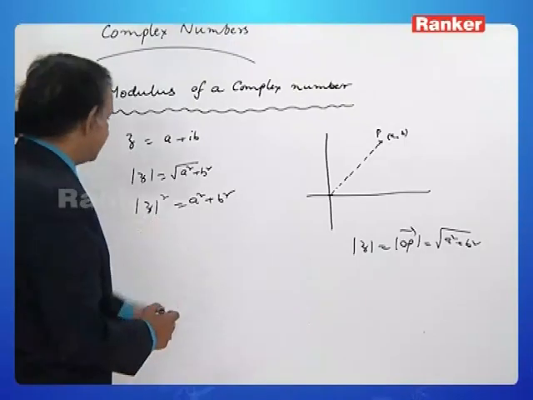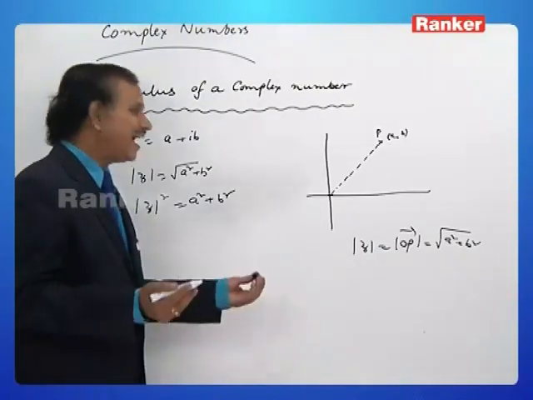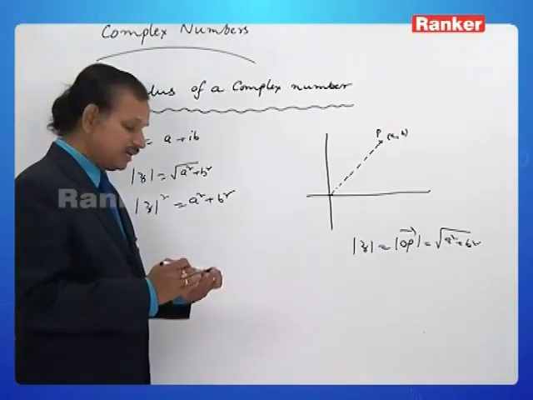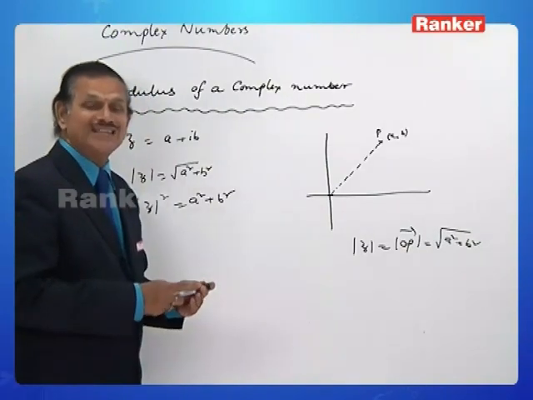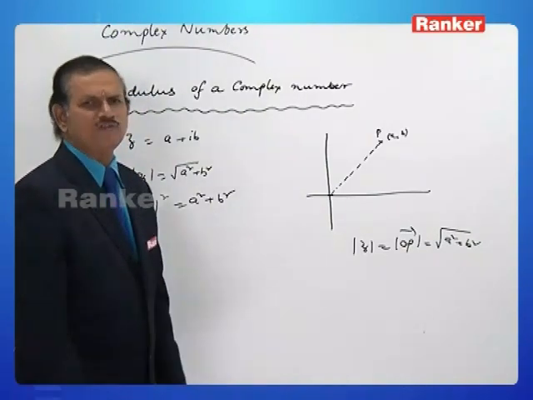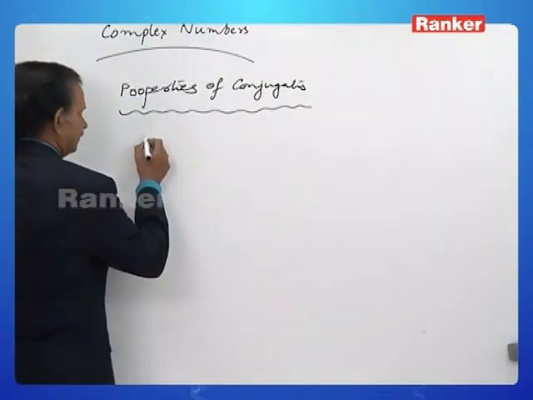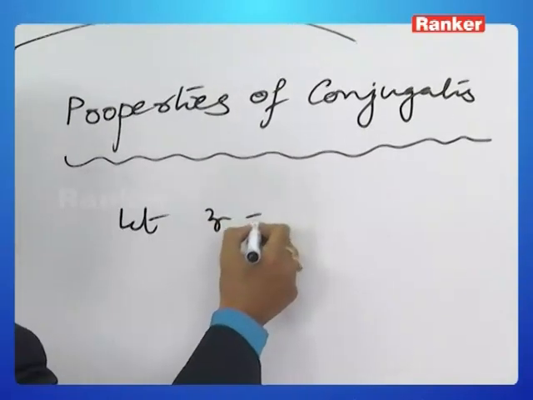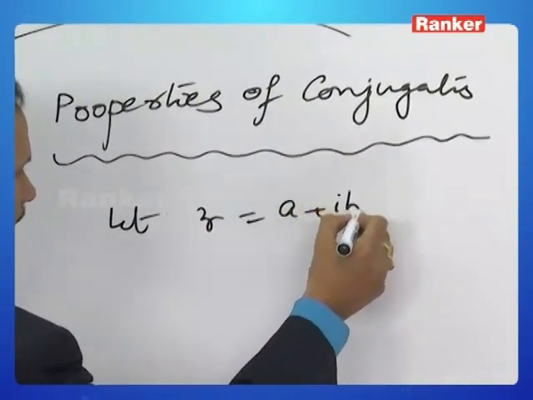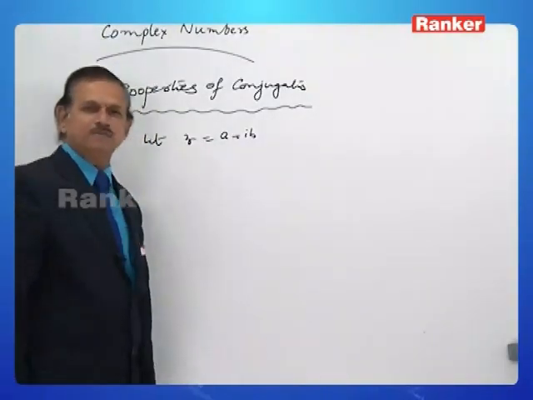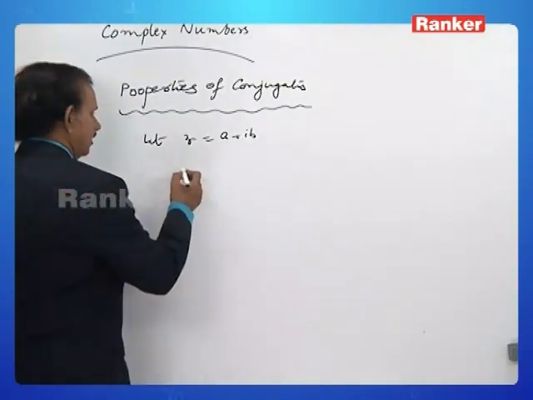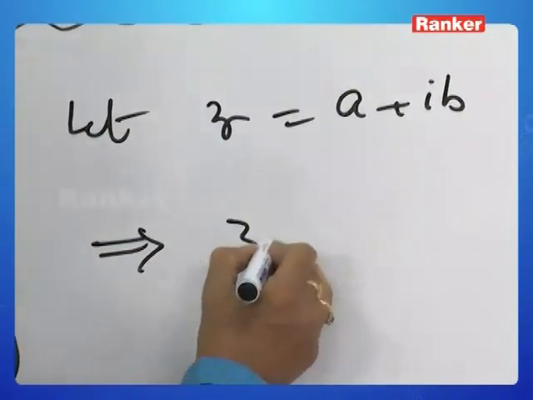Here, by knowing this modulus and conjugate, we can recollect so many beautiful properties. What are those properties? Let z equal a plus ib be a complex number with us.